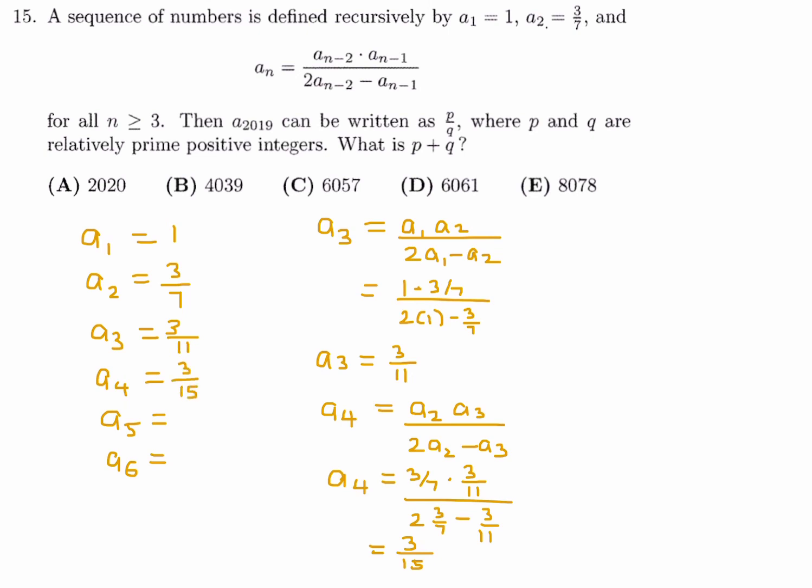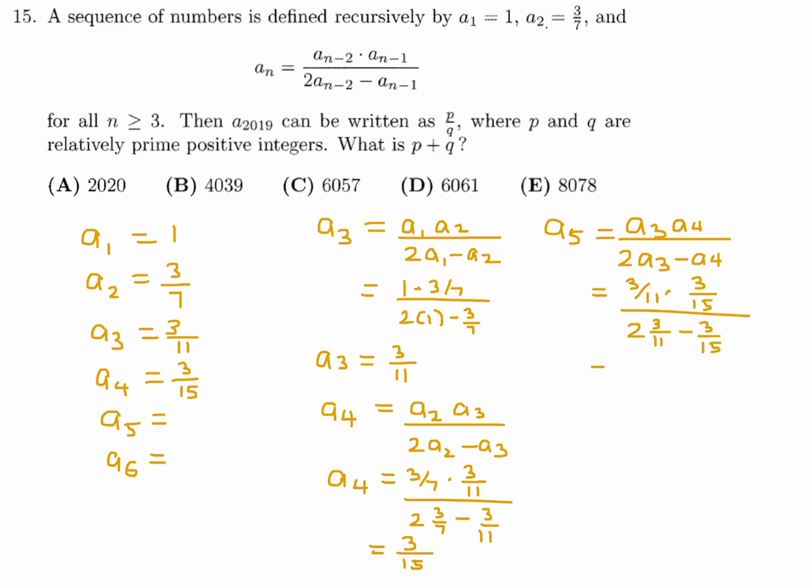Some of you might be able to see a pattern already, but in case you don't, no problem. I'll just keep going, a couple more. A5, of course, will be A3 times A4 over 2 times A3 minus A4. So that's going to be 3 over 11 times 3 over 15 over 2 times 3 over 11 minus A4, which is 3 over 15.